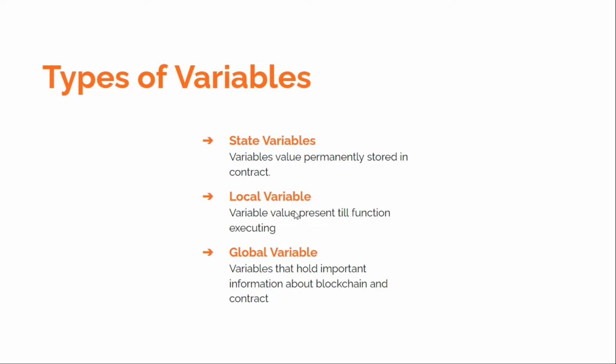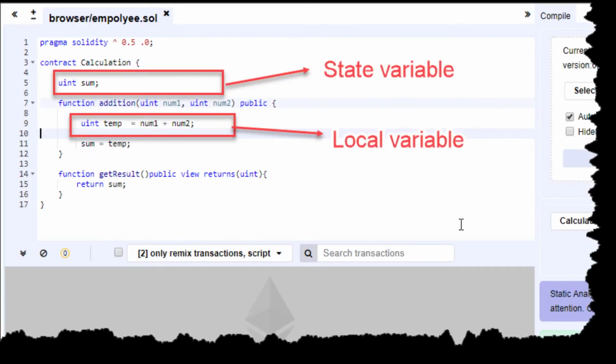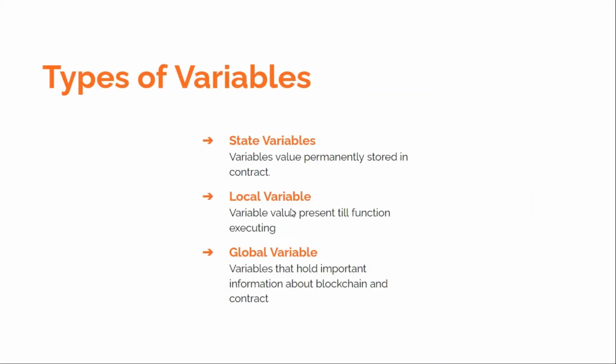Then there are local variables, the variables that are mostly not required outside of the functions where we declare them, in this local scope. And then another type is global variables, where these global variables provide us information regarding the blockchain and the contract. So we'll see each of these one by one.